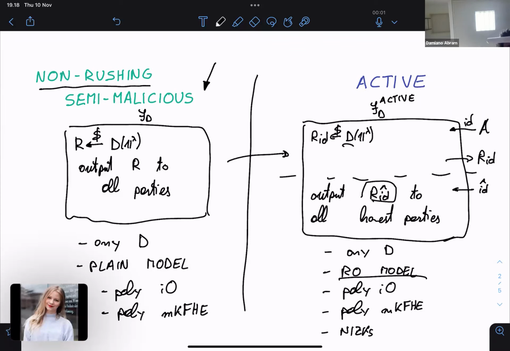And this compiler maps this functionality here to the one on the right. And yeah. Basically, the techniques are the same as the universal sampler paper. It's an AsiaCrypt 2016 paper, if I remember well.